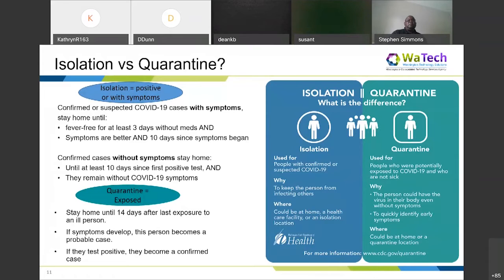And if you're going to quarantine, you just stay home for 14 days after the last exposure to an ill person. But if symptoms develop and you become positive, then that puts you back up into the isolation area. So when we're talking about isolation and quarantine, it's helpful to understand these differences.